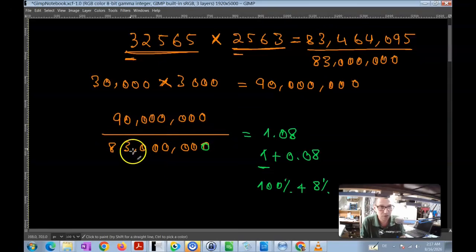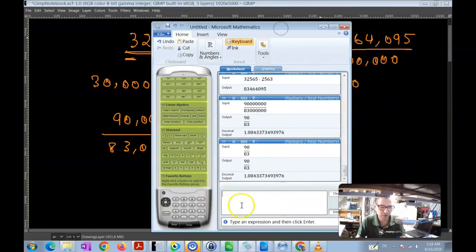Of course 90 million is larger than 83 million, which means that in 90 million there is 83 million plus some change, and the change is 8% of 83 million plus the whole 83 million. So this means that 90 million is nothing but 83 million plus 8% of 83 million, right? So what is 8% of 83 million?